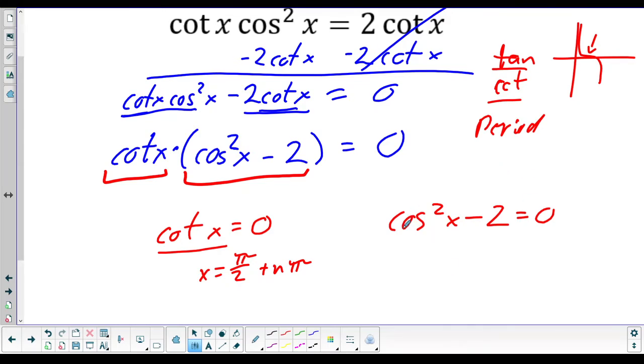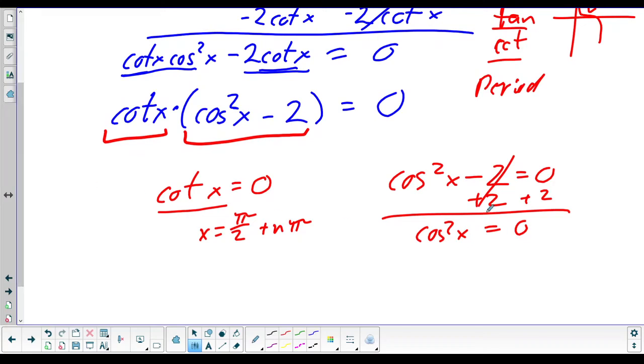All right, for cosine squared of x minus 2 equals 0, let's move the 2 over. So we'll add 2 to both sides. These cancel. So cosine squared x equals 0. And then we can take a square root of this. So cosine of x equals plus or minus, because we took a square root of 0, but it's 0.